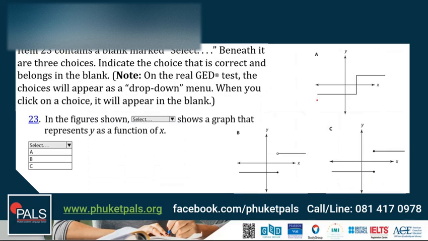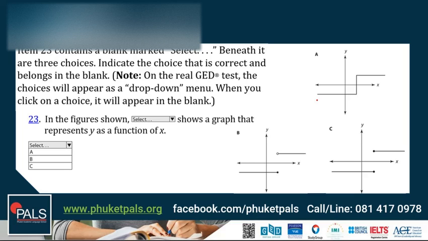23. In the figure shown, which shows a graph that represents y as a function of x? All we need to remember here is the basic definition of a function: for every value of x, there is exactly one value of y.